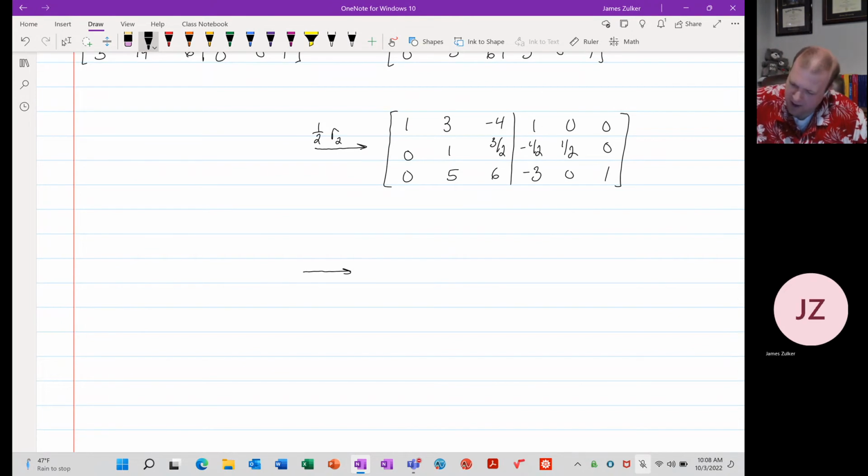Third step, let's go ahead and zero out everything below the 2, 2. So that'll be negative 5 row 2 plus row 3, which will leave this matrix.